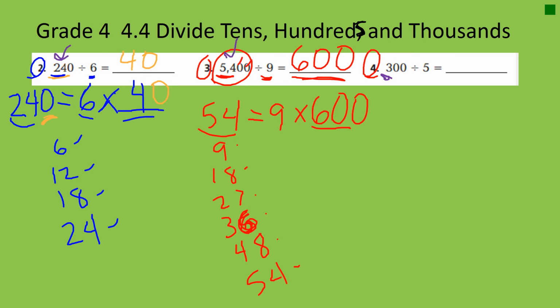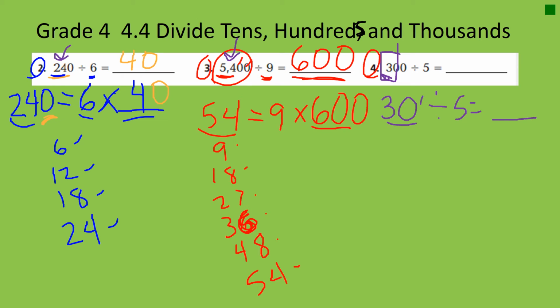That was nice. 54 and 9. That was nice. Compatible numbers, right? What about this? Any ideas? What if we looked at it as 30? Aha! 30 divided by 5.